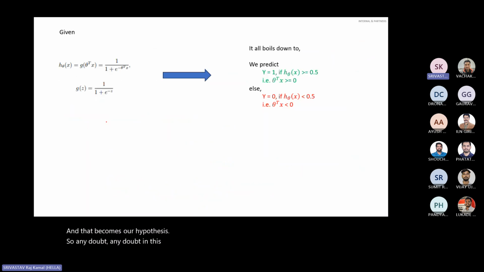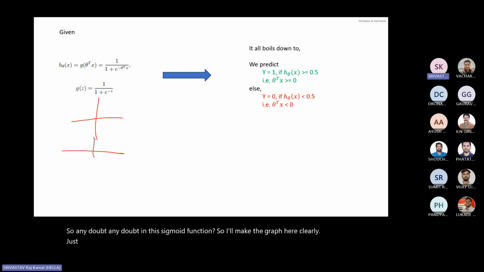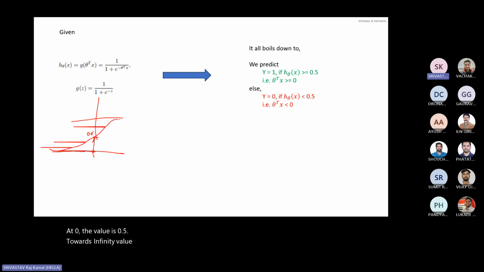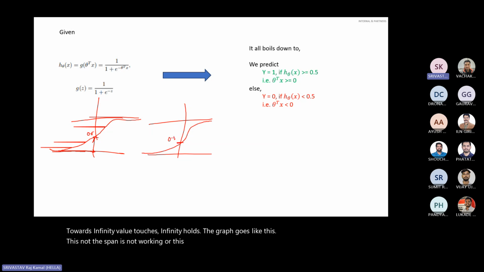I'll make the graph here clearly. At 0 the value is 0.5, towards infinity the graph goes like this. This is 0.5.